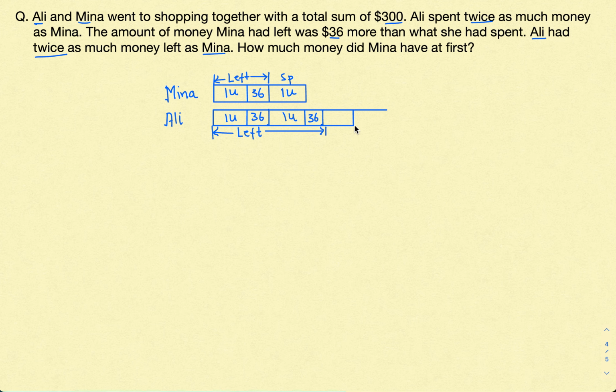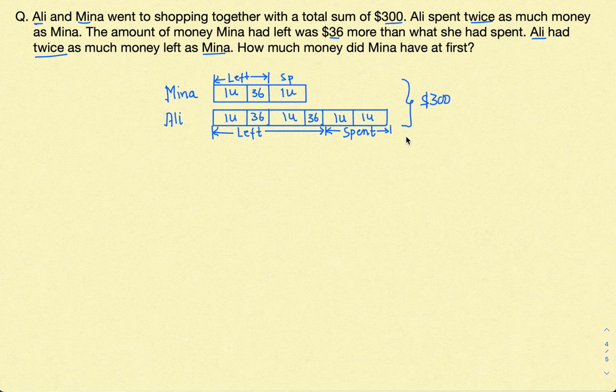These units show that Ali has spent 2 units. So this is what he has spent. Now what else do we know? From the first statement we know that all this together is $300. So we can show it like this.